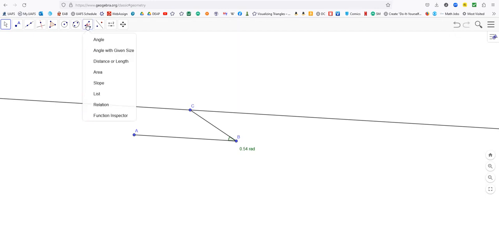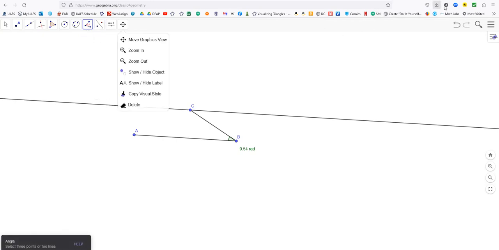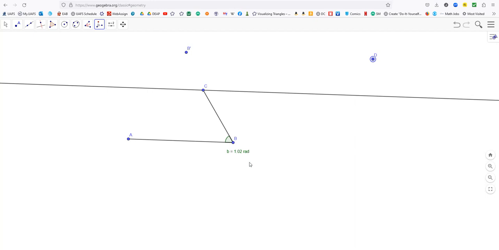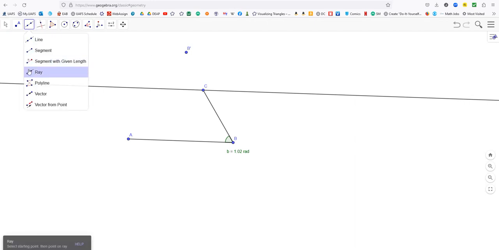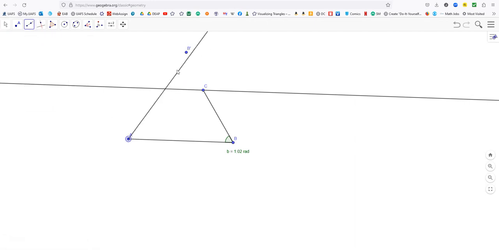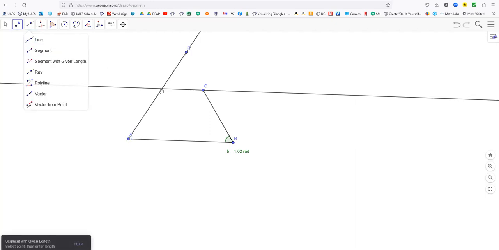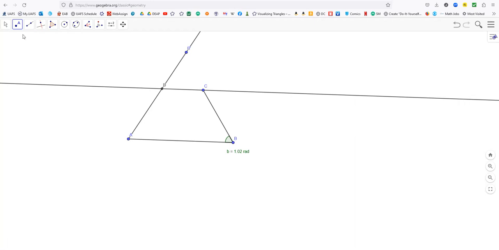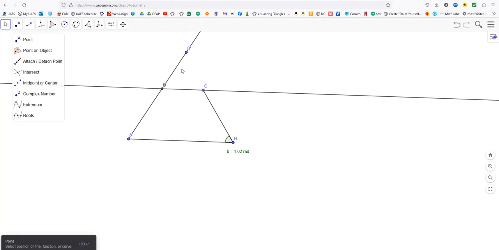Okay, let me try again. Okay, I restarted it and got it to work. I'm not sure what was happening there, but it's working now. So that gives us there. Now make this ray going from A through B prime. And then we want to find that intersection point right there, and that's our D.